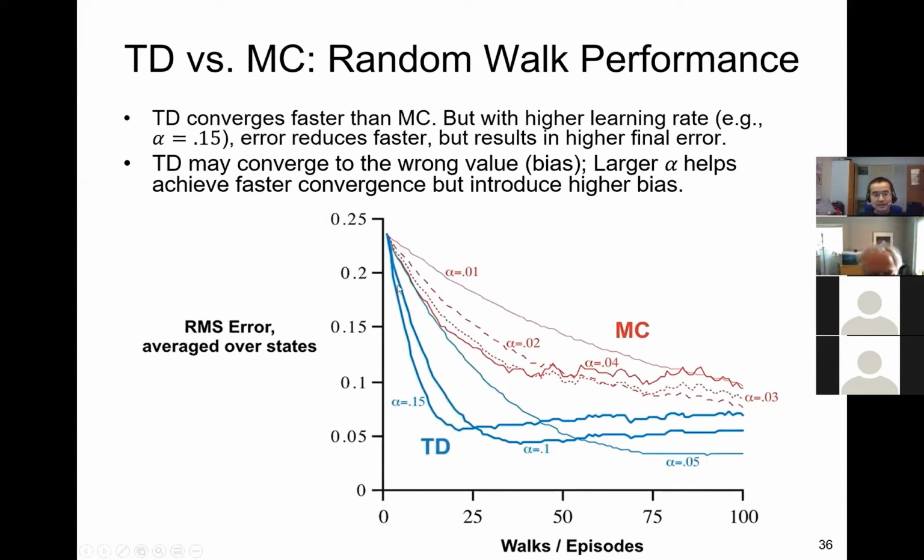TD generally converges faster than MC, but with a higher learning rate, say alpha equals 0.15, error reduces faster but results in higher final error. So TD may converge to the wrong value. That's the bias in machine learning. So a larger alpha helps achieve faster convergence, but introduces higher bias.